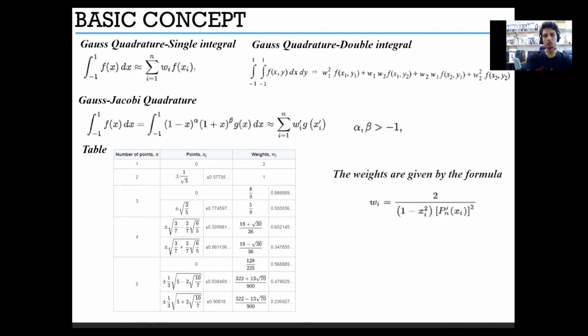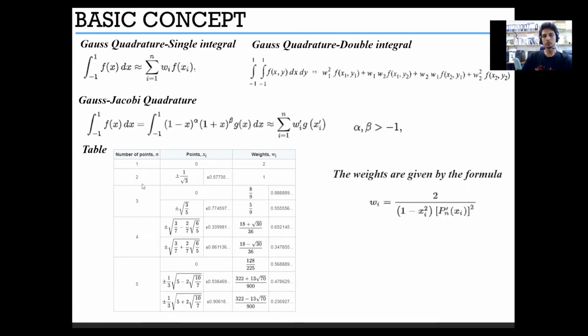So here some low order quadrature rules are obtained below for the limit -1 to 1. If n is equal to 1, then x will be 0, and the weight would be 2.